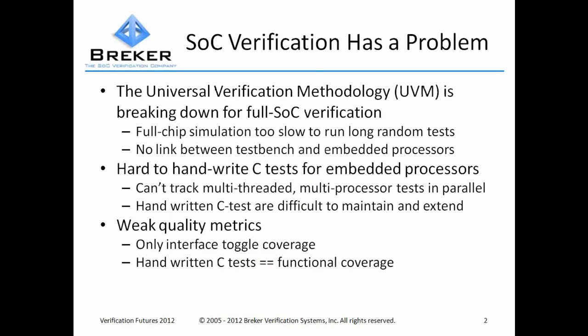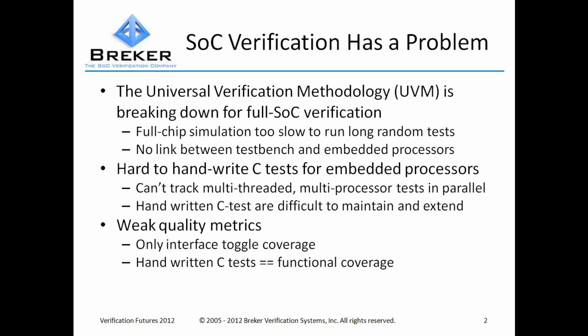So we believe SoC verification has a big problem because we can't just apply random constraint methodologies like UVM to the full SoC verification. And I'll give you just two reasons here.